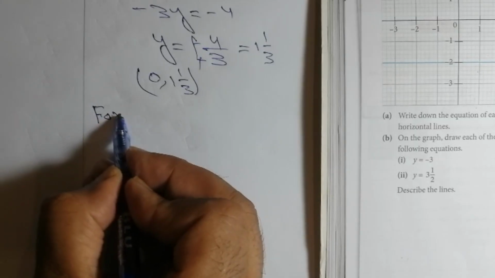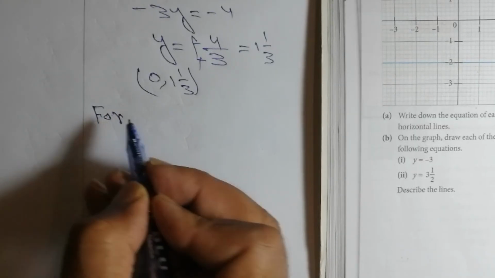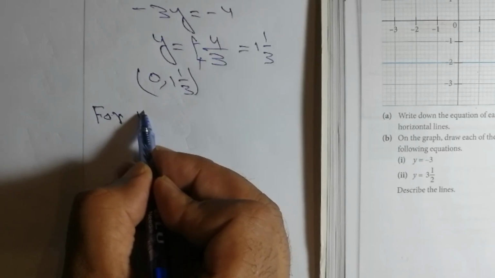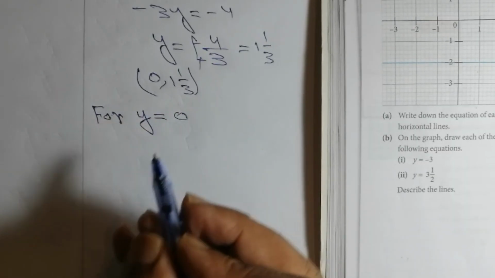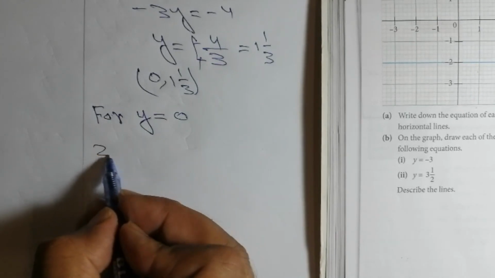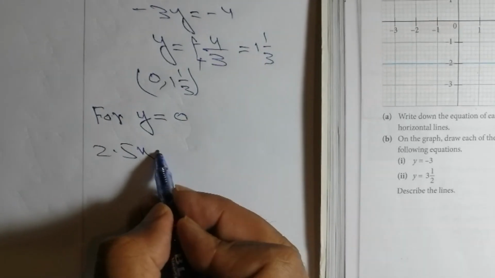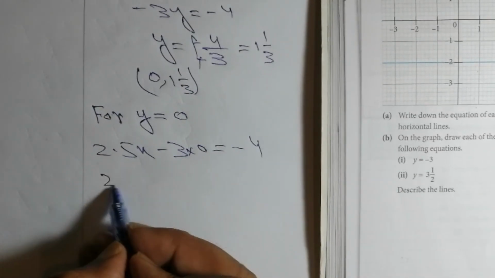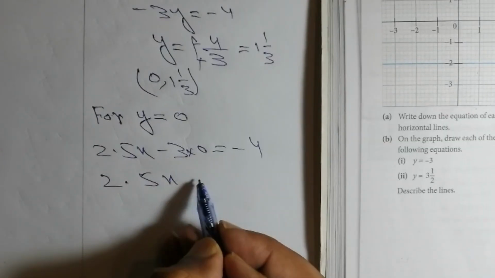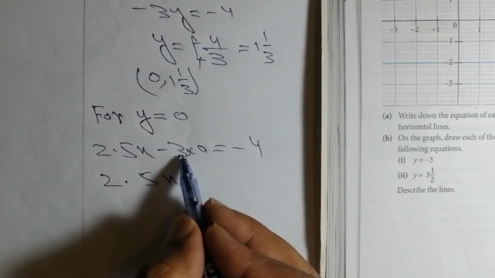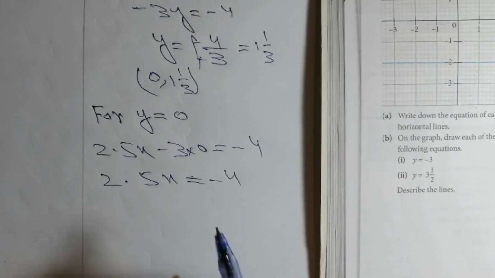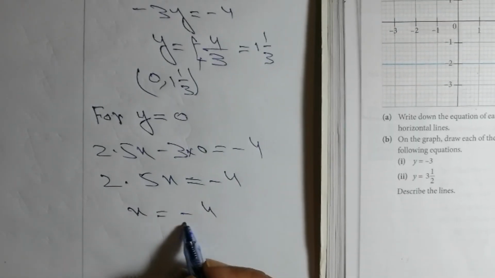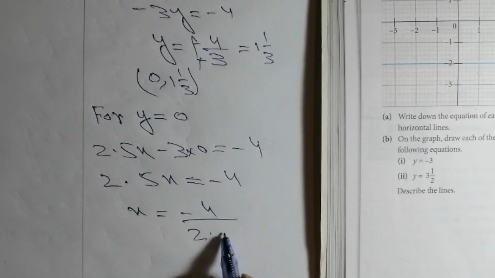Now for y equal to 0, this line will intersect the x-axis at y equal to 0. So 2.5x minus 3 into 0 equal to minus 4, 2.5x minus 0 equal to minus 4, and x equal to minus 4 by 2.5.